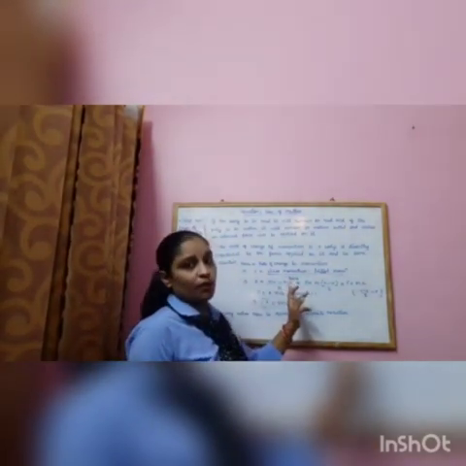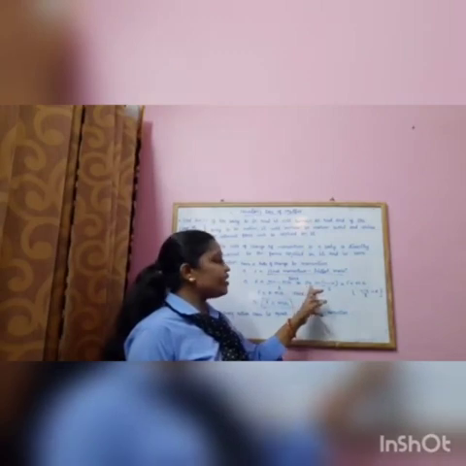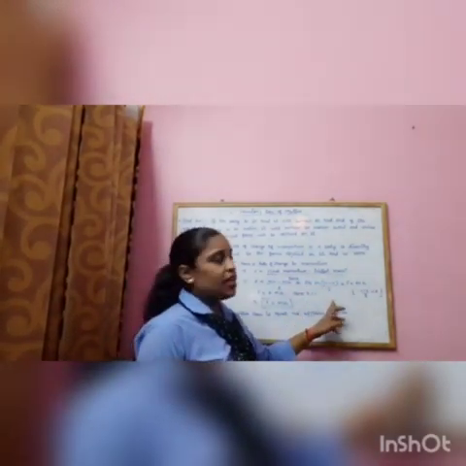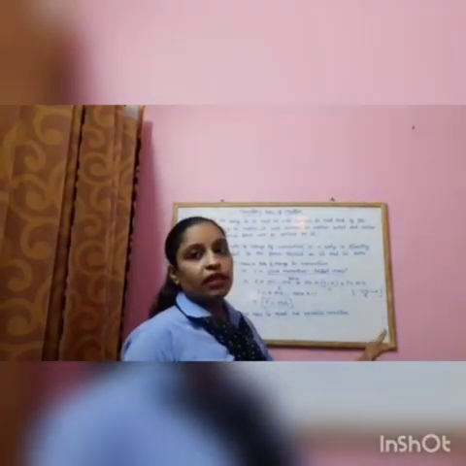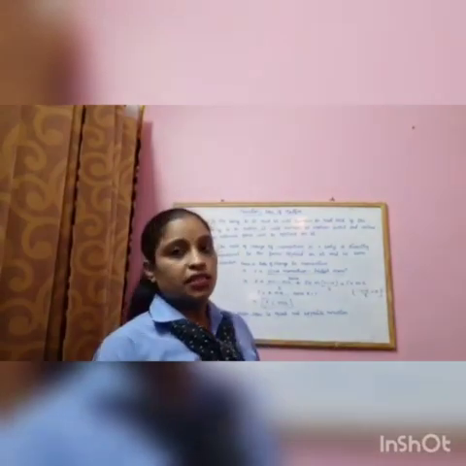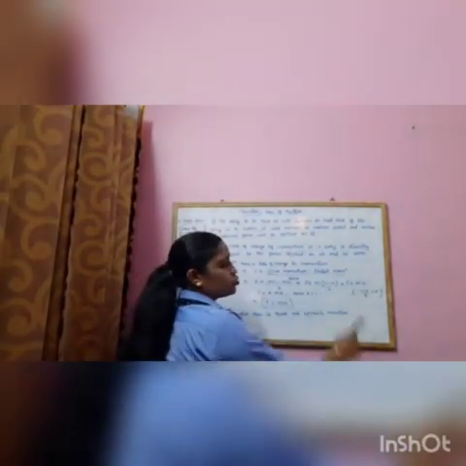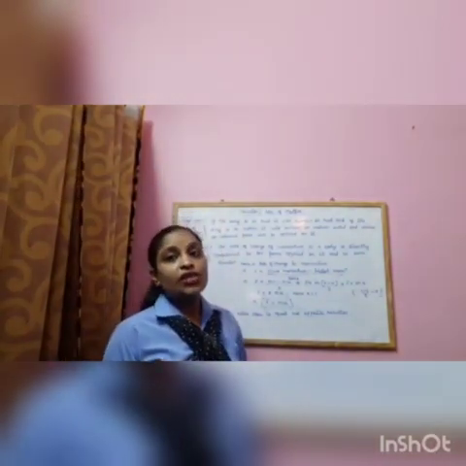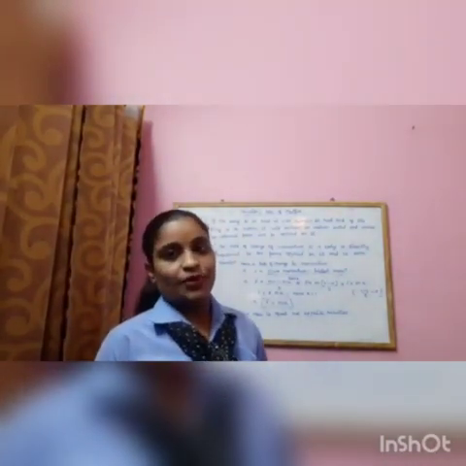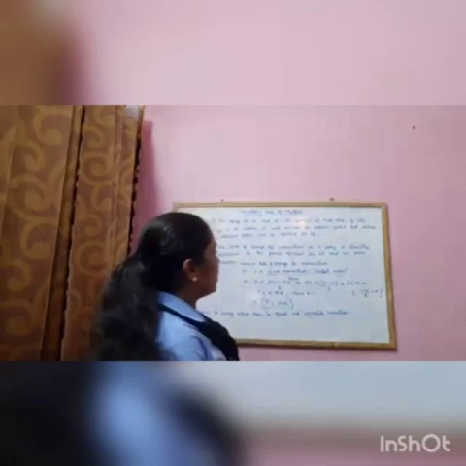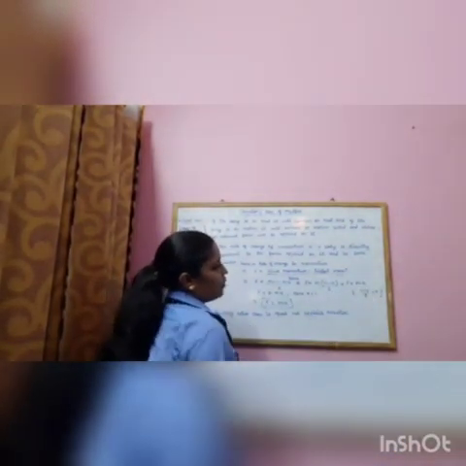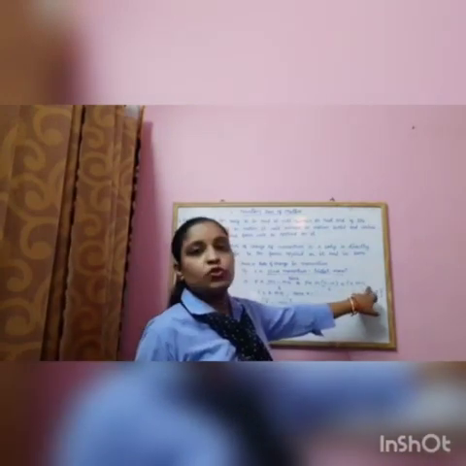Taking m as common, it remains F directly proportional to m times (v minus u) upon t. Now we all know very well that v minus u, that means final velocity minus initial velocity, with respect to time, is known as acceleration. That means the rate of change of velocity is known as acceleration. So here we replace (v minus u) upon t by a. So F is directly proportional to ma.